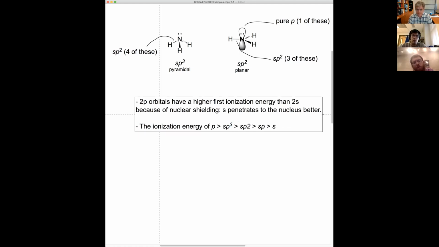So now let's ask this again. The basicity of ammonia in these two different geometries is not the same. The question is, which lone pair is higher in energy? I just told you the ionization energy goes p is greater than s. And when you mix s and p together, it changes the energy. So a pure p orbital is higher in energy than an sp3 orbital.